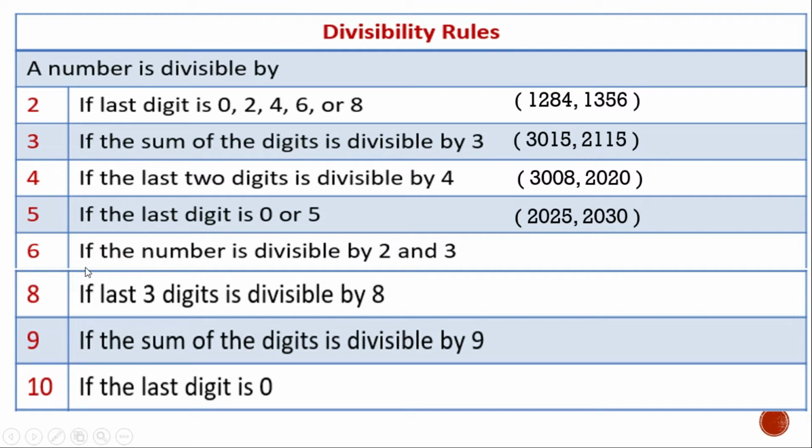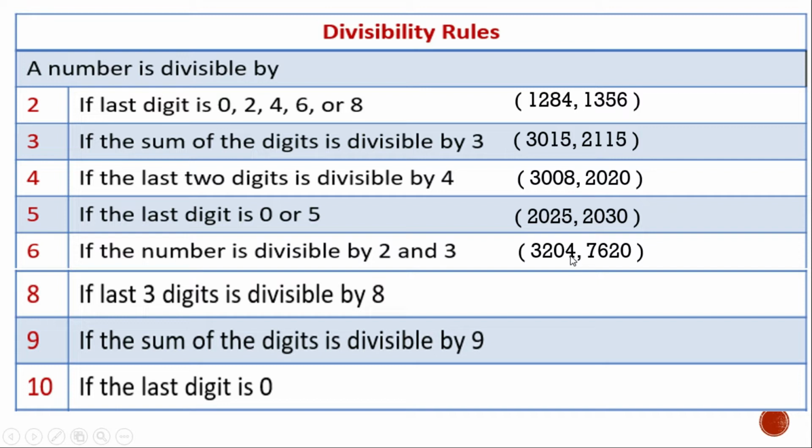Rule for 6. If the number is divisible by 2 and 3. So for 6 it is a must that the given number should be divisible by 2 as well as by 3. If any one case fails, then you can say that this number is not divisible by 6.